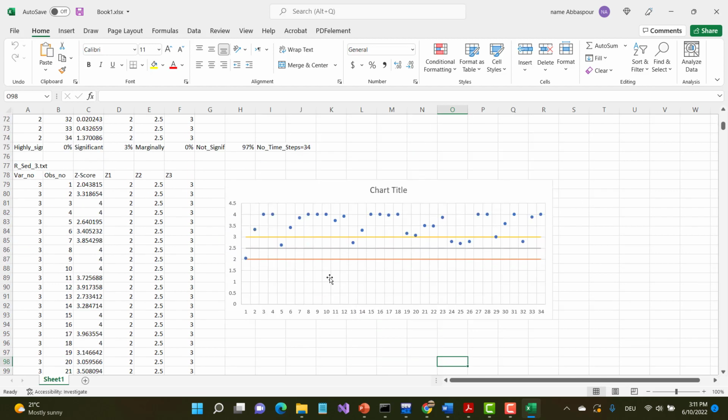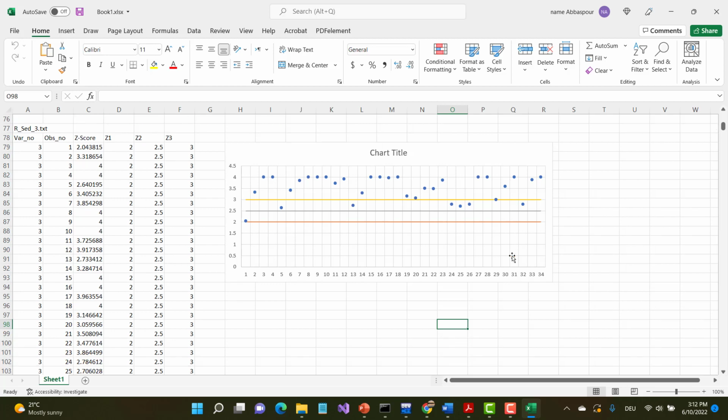Play with it. And here is the third sub-basin. Again, this sub-basin is highly significant. All of the points are significant. And again, a nice pattern here that one can analyze. It's probably the time of the year and so on.